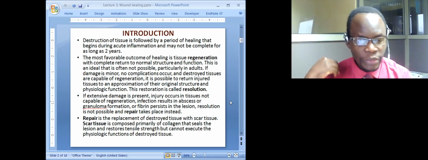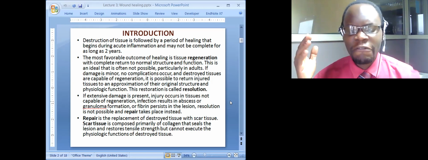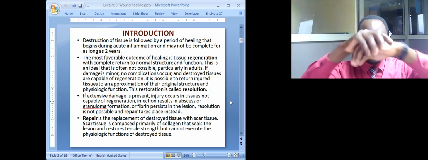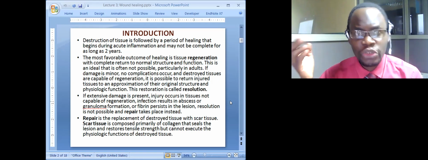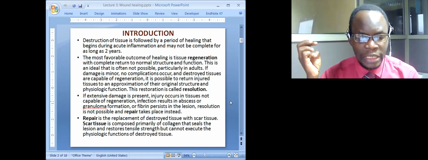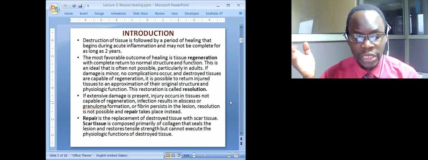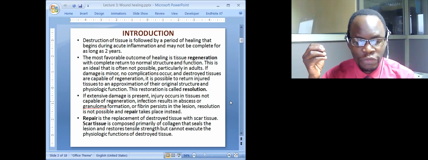Now, this is what we call restoration or resolution. However, if there is extensive damage, just imagine your hand has been damaged, and maybe a flap taken off. So there is extensive damage, there is too much tissue destruction. If this is present, that basically means that the tissue will not be capable of regenerating, because there is too much destruction of tissue.